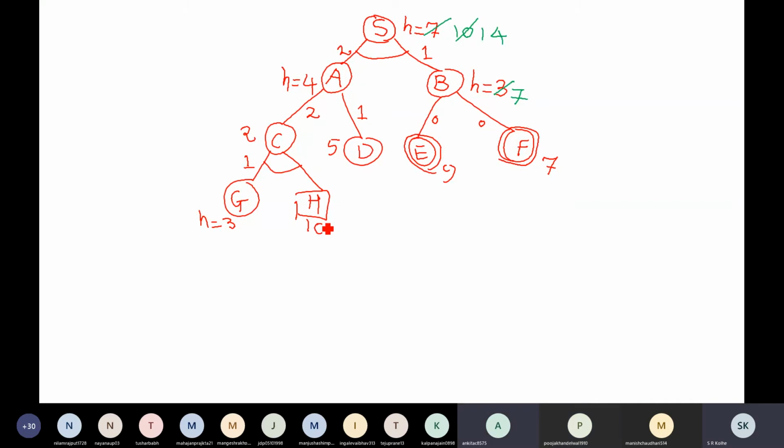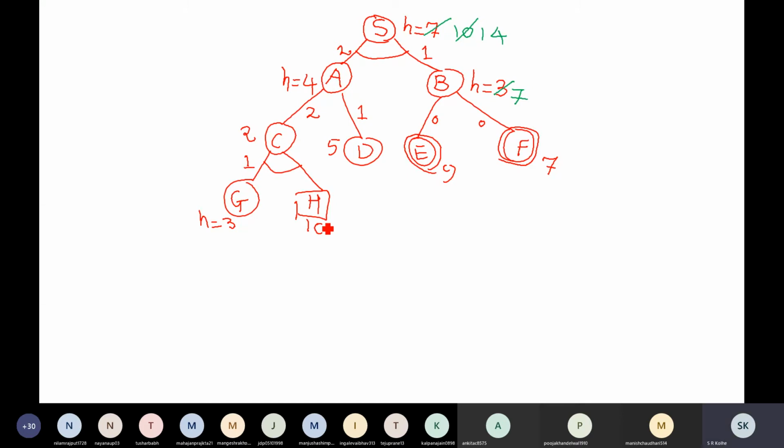Before going further, before exploring G, check if they are solvable or not. We have already done that, because H is solved. G has no label, it has to be further explored. Before that, what to do? You have to recompute the cost.